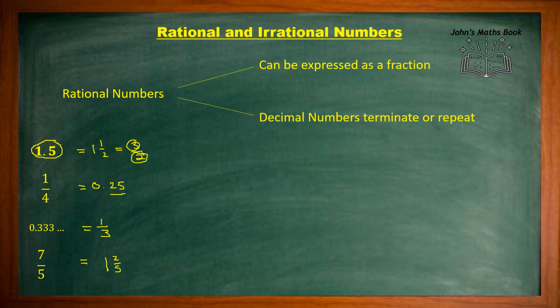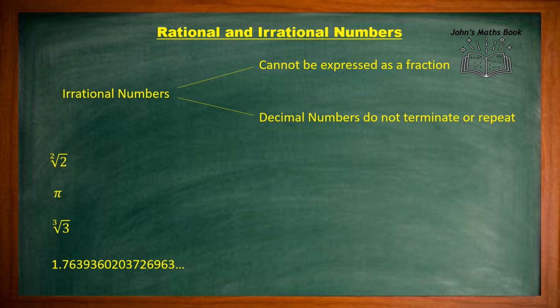If we want the decimal of 7 divided by 5, we can express it as 1.4. So when we express it as 1.4, the decimal part, or the mantissa, is just 4, so it terminates. So therefore it's a rational number.